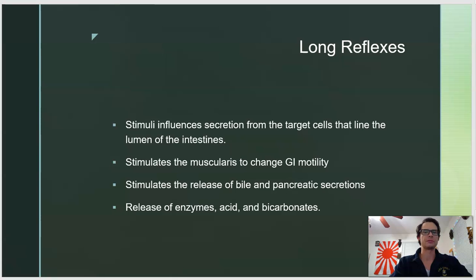It can also stimulate the release of bile and pancreatic secretions, so the stimulus of ducts, and stimulate the release of enzymes, acid from the gastric lining and from the parietal cells, and also bicarbonate in the small intestine.